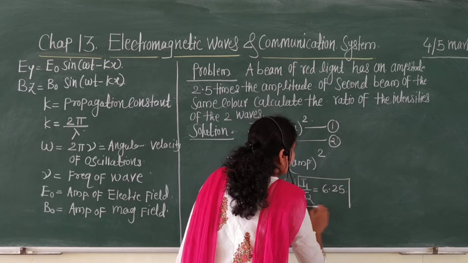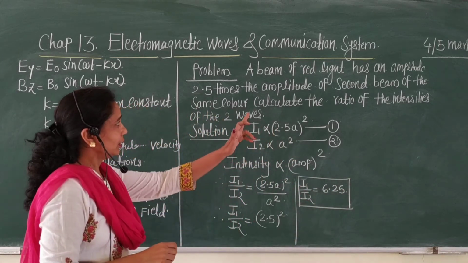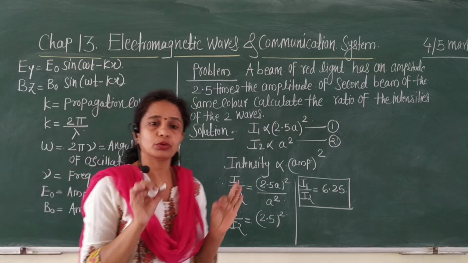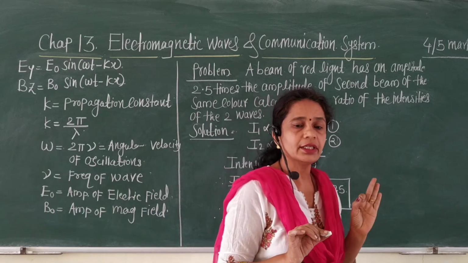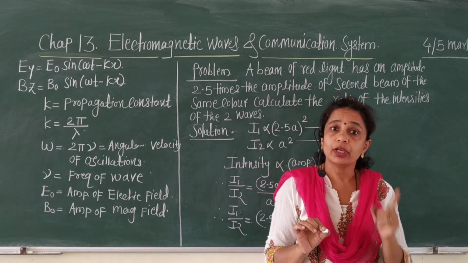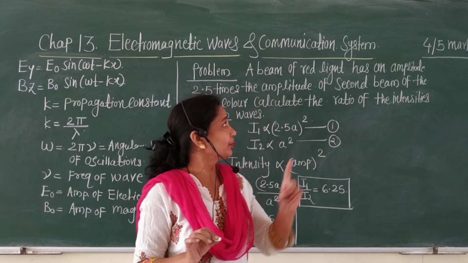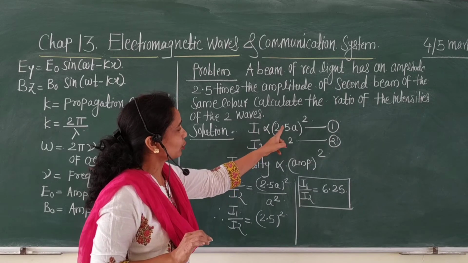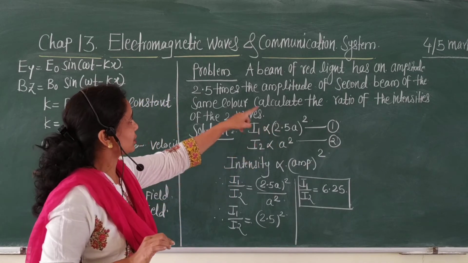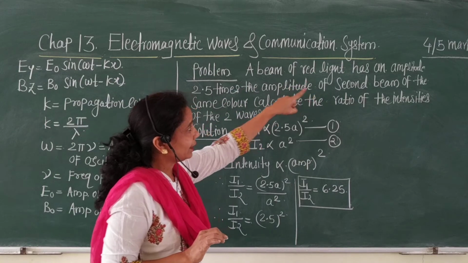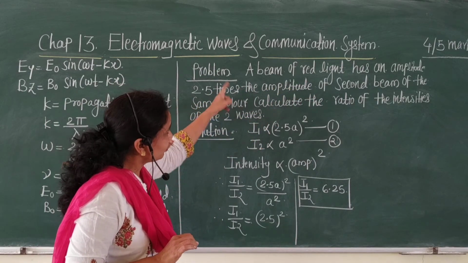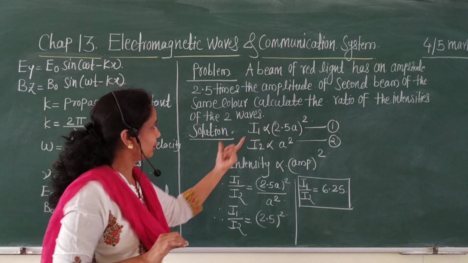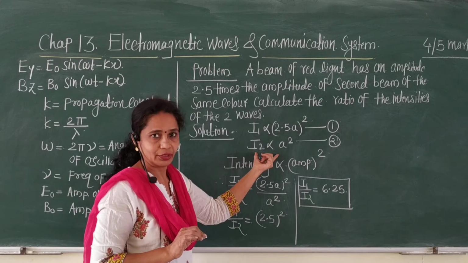This is the ratio of the intensities of the two waves. You should know that the intensity of a wave is directly proportional to the square of its amplitude. We were given that I1 is proportional to (2.5 a) squared, because a beam of red light has an amplitude 2.5 times that of the second beam of the same color. Therefore, we can write down these two equations.